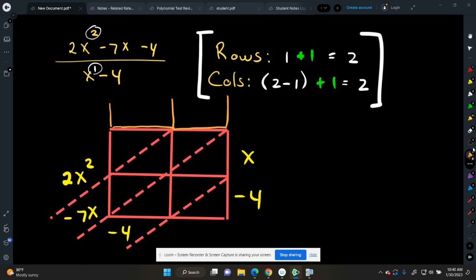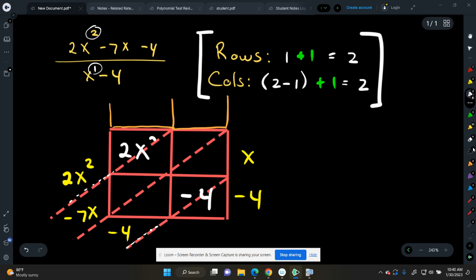Once we have our box all set up, the first thing we're going to do is fill in the bottom corner and the top corner. So this diagonal is on the -4, so we're going to put a -4 there. The top corner, this diagonal, is 2x squared. So we do the top left and the bottom right first.